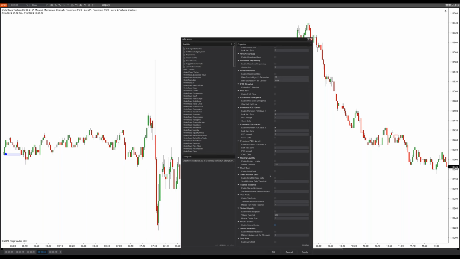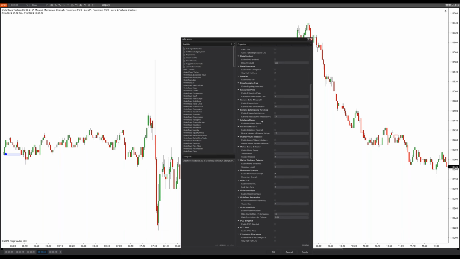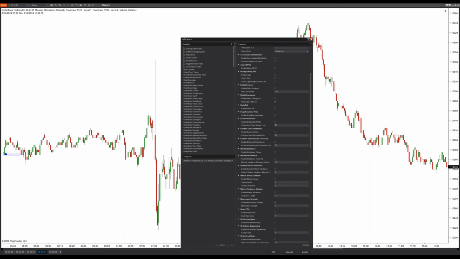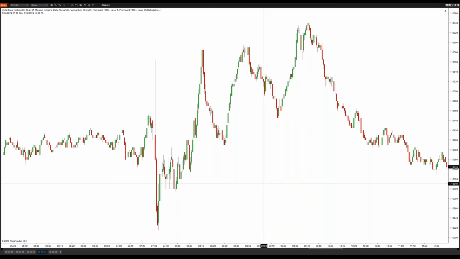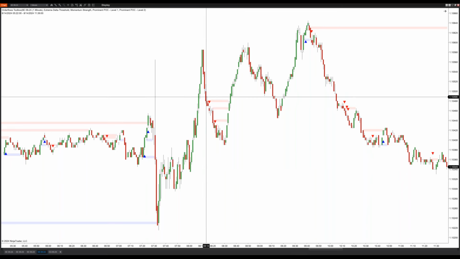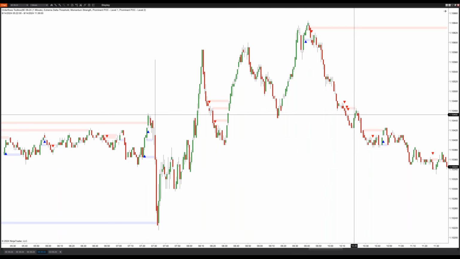Okay, maybe then you can start looking at things like some delta clues. We'll use the extreme delta threshold, but we'll lower the threshold down to 80. Okay, so you see there's some signals here, a nice move here.